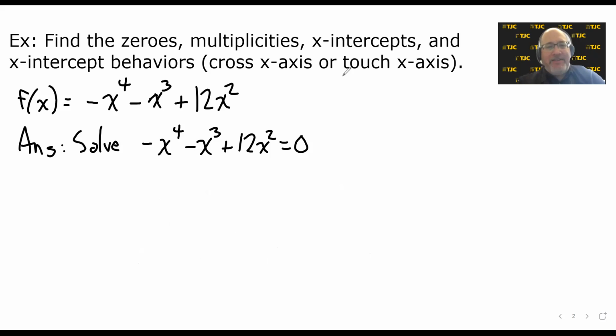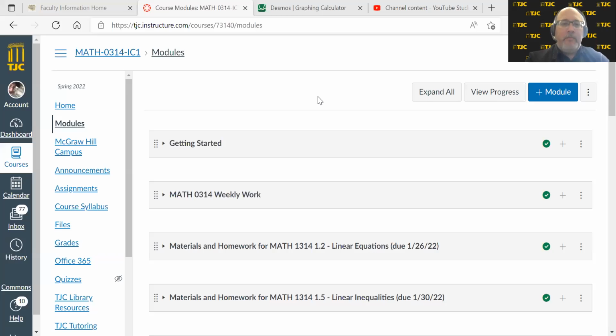The problem with that is that there are multiple techniques for factoring. I'm going to remind you what some of those techniques were. Earlier in the semester, there were some videos that I recommended to watch when one of the Math 0314 weekly work assignments was about factoring. So go into Canvas, go into modules, and open up the Math 0314 weekly work module.